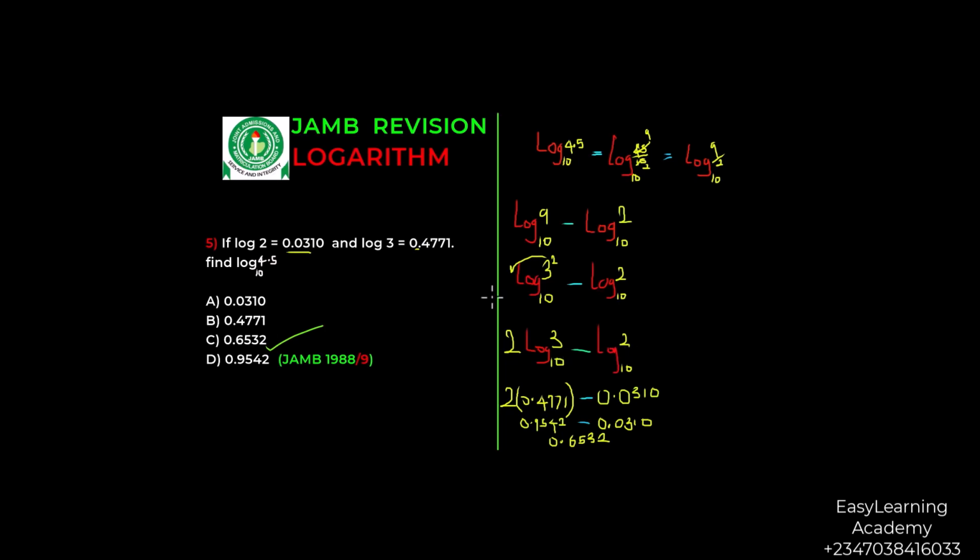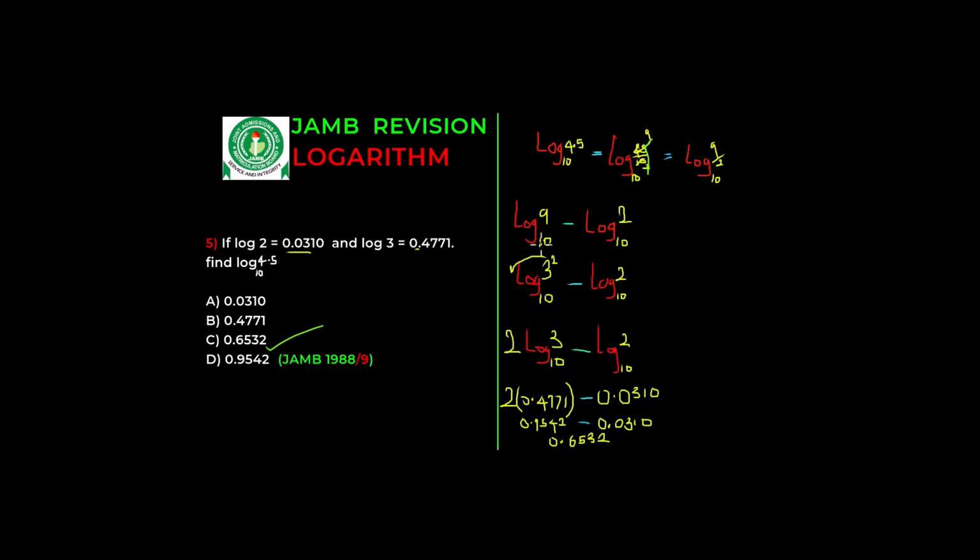So what did we do? The question was log 4.5 base 10, and we changed it to a fraction first. The fraction form of 4.5 is 45 over 10. We simplified it by dividing by 5: 5 into 10 is 2 times, 5 into 45 is 9 times. That gave us 9 over 2. We cannot divide this further, so we wrote it out, obeying the law of logarithm, as log 9 base 10 minus log 2 base 10.